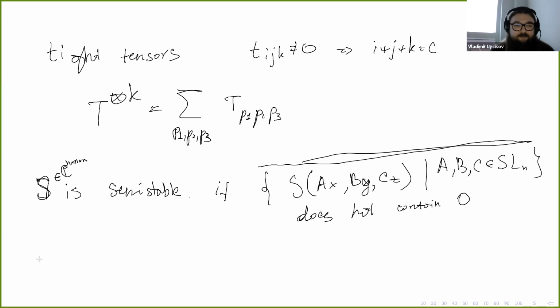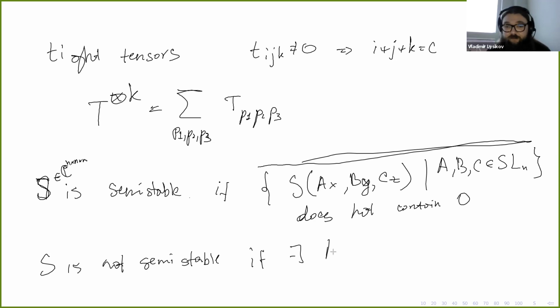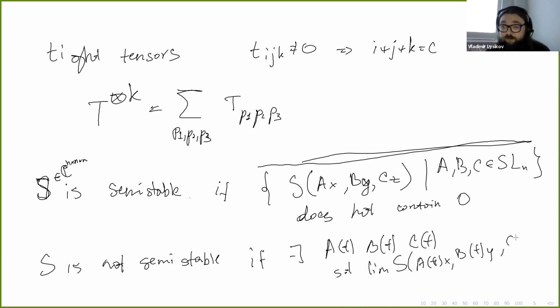So essentially S is not semi-stable if there exists a sequence A of t, B of t, C of t, which have determinant 1, such that the limit of S of A of t x, B of t y, C of t z is 0 for all x, y, z.